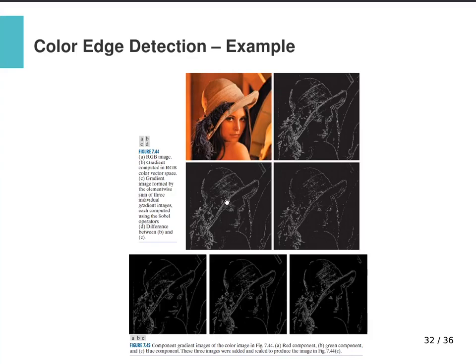This image is the result of the gradient image that is formed by the element-wise sum of three individual gradient images. Basically, we calculated the gradient images for the red channel, the blue channel and the green channel, and then we summed all of them together to create this image.